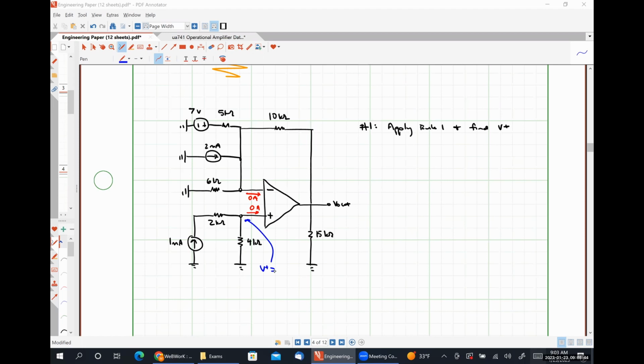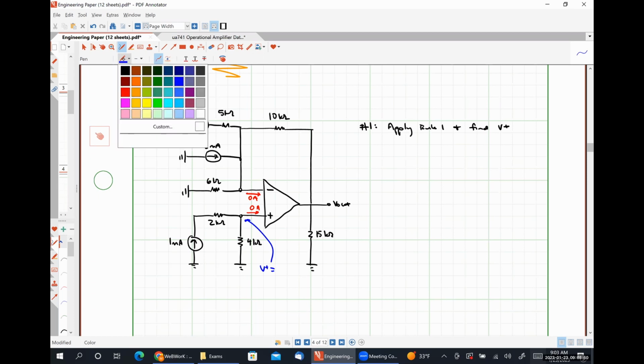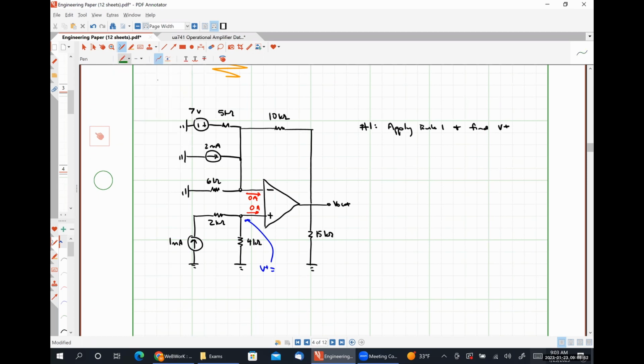So I disagree, Justin. Let me explain my reasoning as to why I disagree. Our current of 1 milliamp is leaving our source. It flows through the 2 kilo ohm resistor, and then all of that same 1 milliamp of current must flow down through the 4 kilo ohm resistor.